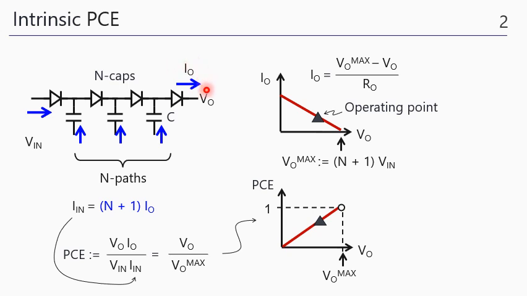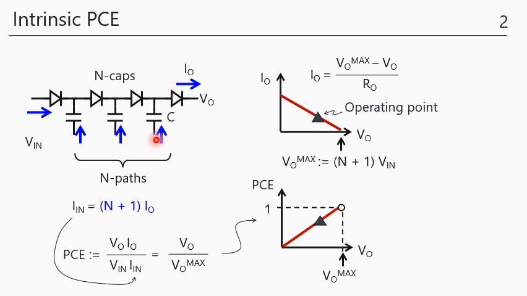To provide the average output current of IO at output voltage VO, you must provide the same amount of current to the last capacitor here, and also because you lost the same amount of charge as IO during a half cycle, you must provide the second last capacitor with the same amount of charge.